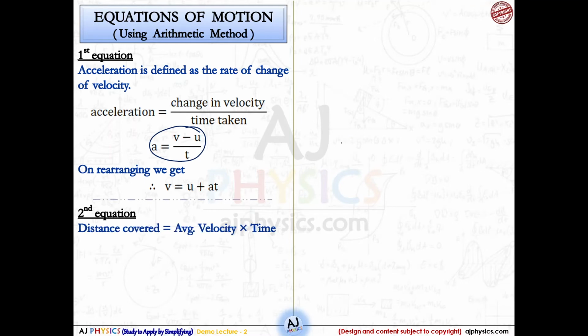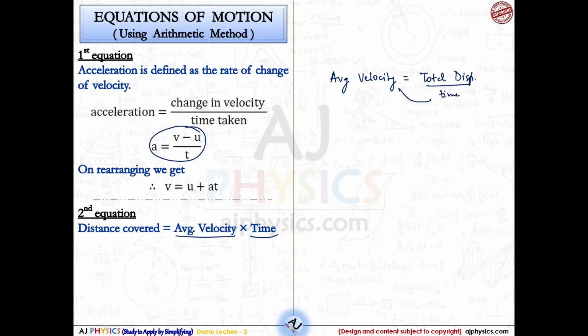Now the second equation of motion is the average velocity multiplied by time, that is the distance covered. This thing is from the same formula which we discussed right now in the average velocity. The average velocity or the average speed, that is equal to total displacement divided by total time taken.